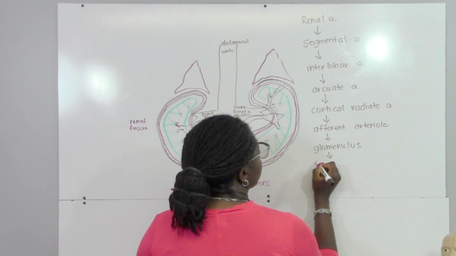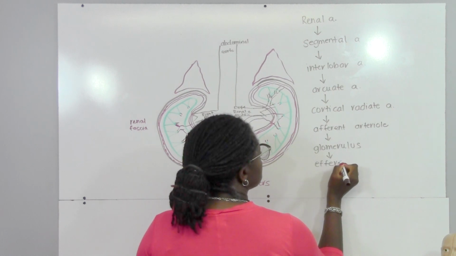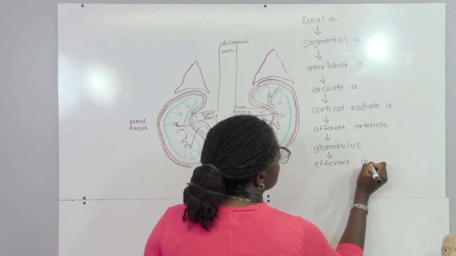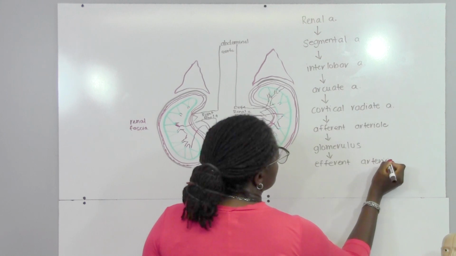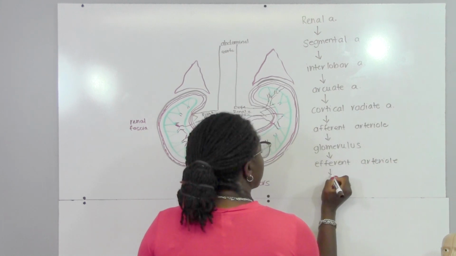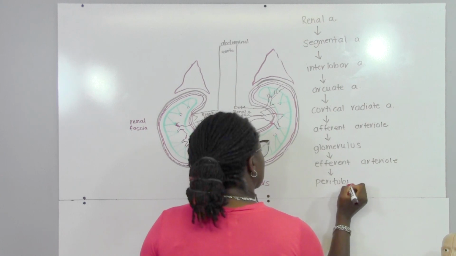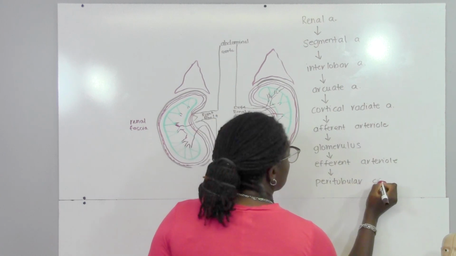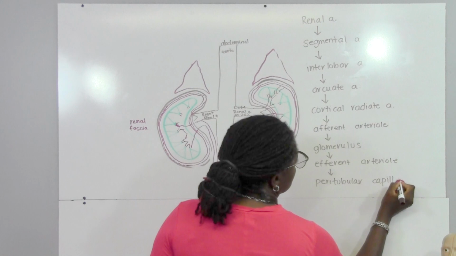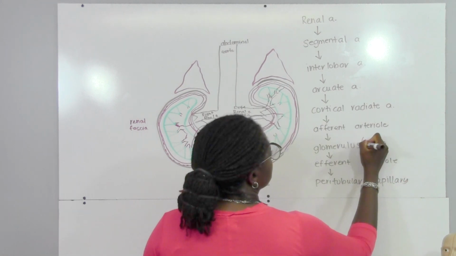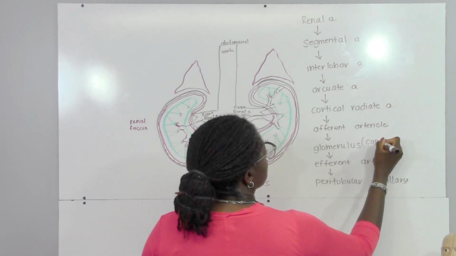Then we have the efferent arteriole, peritubular capillary, we'll put here in parentheses that this is also a capillary.